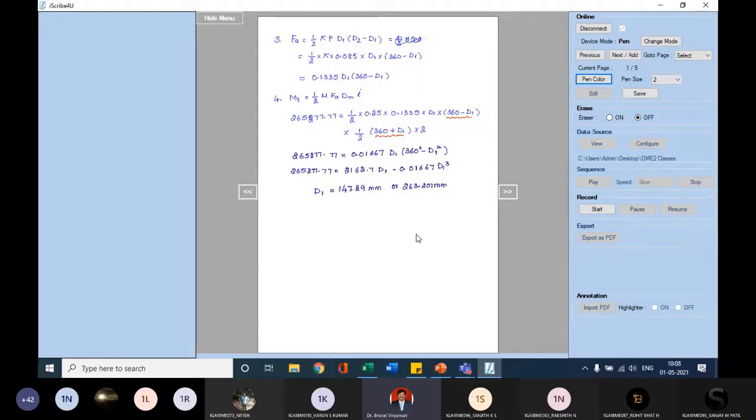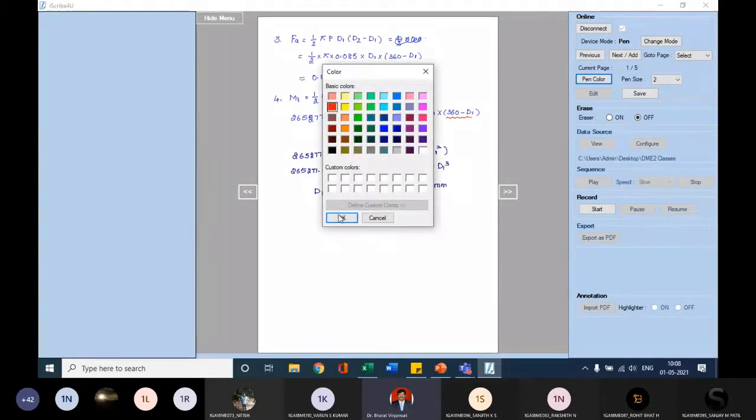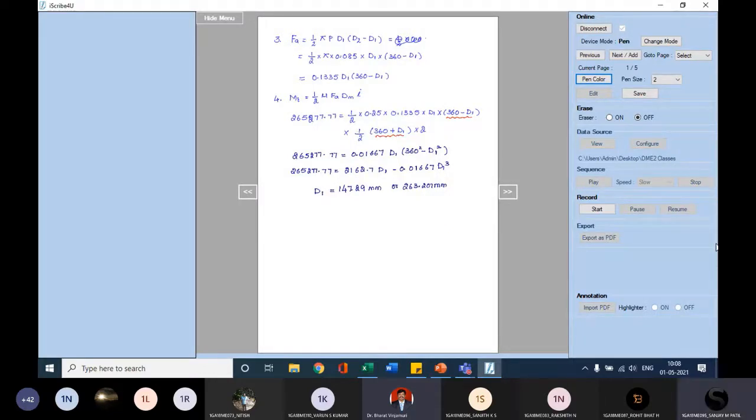Now which value should be selected? Select the minimum value for D1. If it is D2, which value should have been selected? 263, the maximum value. So selecting the minimum value to accommodate more surface area for friction.